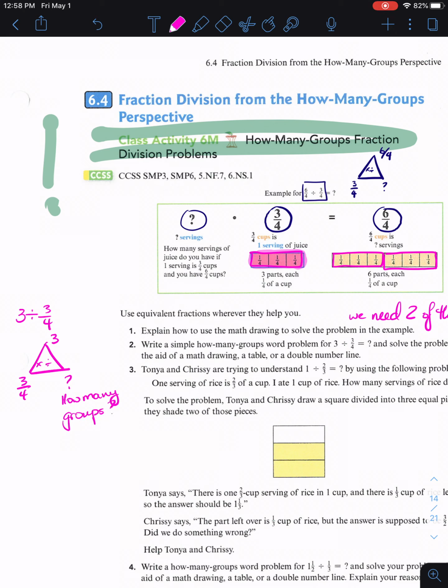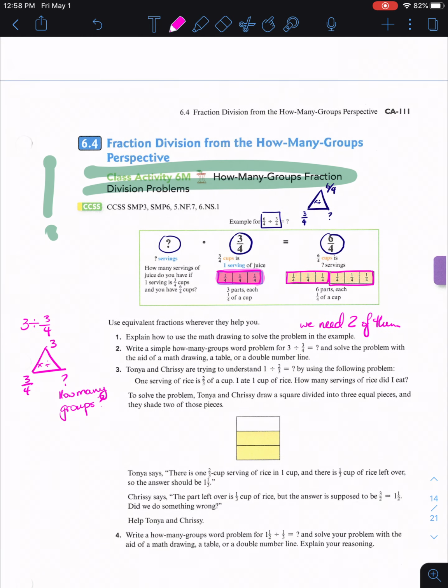Right, so an example there could be that I have some friends and I have 3 pizzas. If each friend is going to get 3/4 of a pizza, how many friends can I serve? Right? So if every friend gets 3/4 of a pizza and I have 3 pizzas, how many friends can I serve? Right, that would be a 3 divided by 3/4 question.